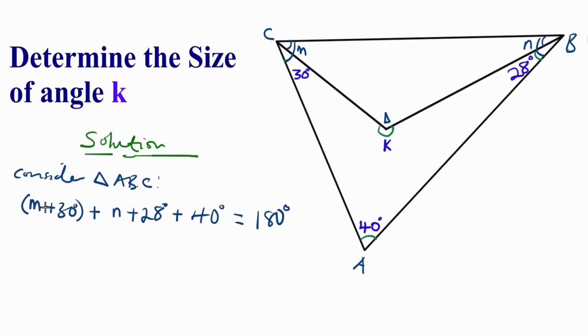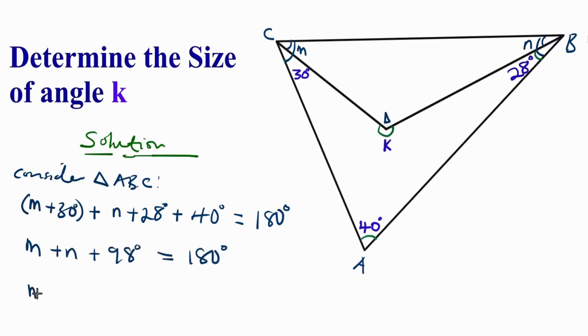Then if I sum this 30 plus 28, that is 58. Then 58 plus 40, that is 98. That means we are remaining with M plus N plus 98 equals 180 degrees.